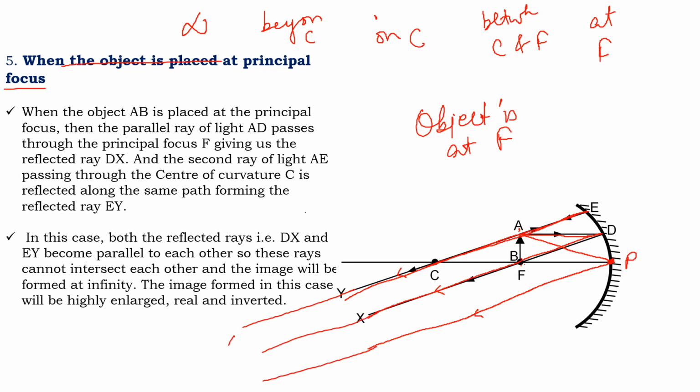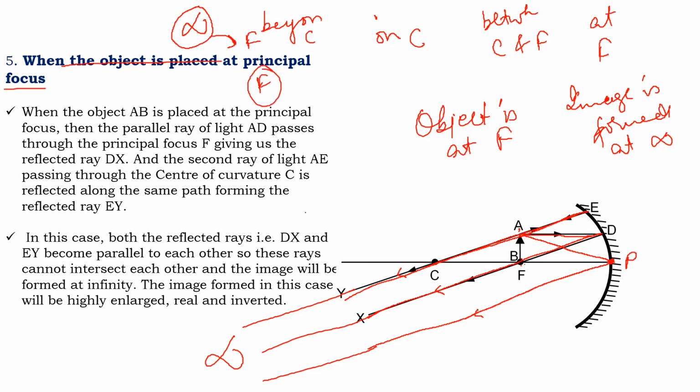So the image is formed at infinity. This is actually the reverse of the very first case. When the object was at infinity, the image was formed at focus. Now when the object is at focus, its image will be formed at infinity.